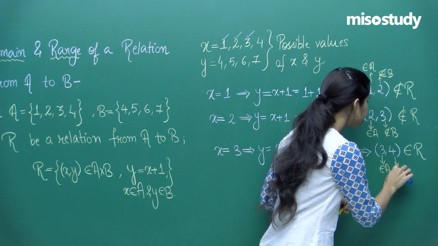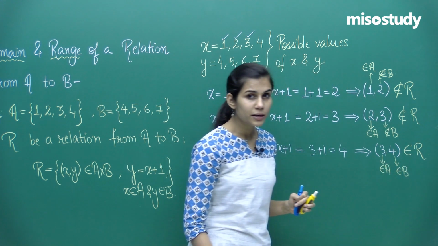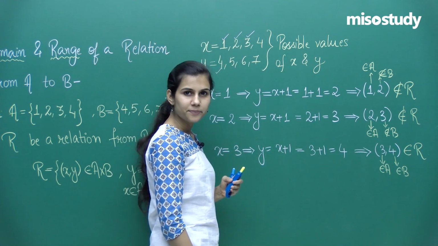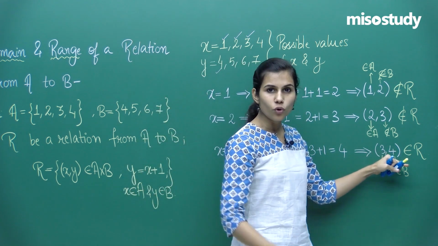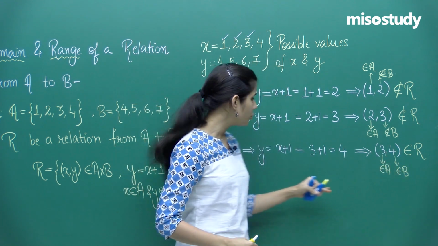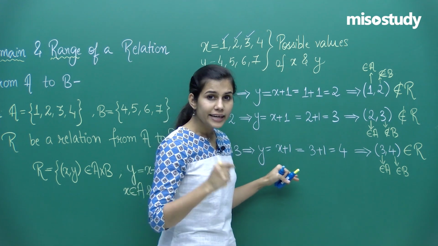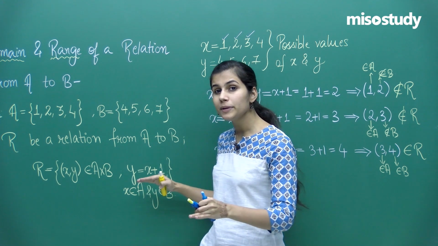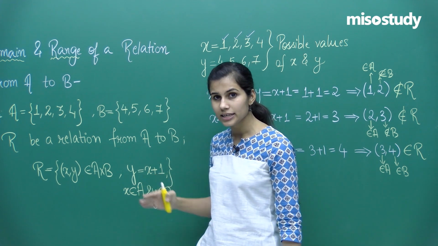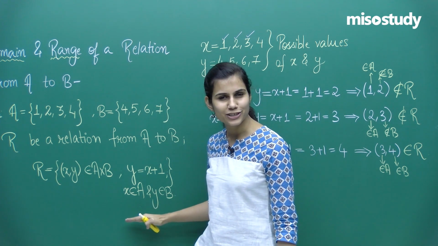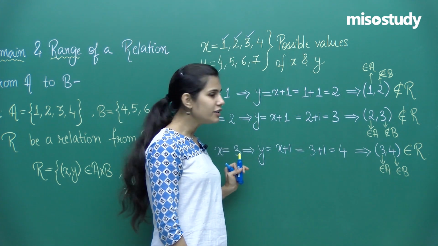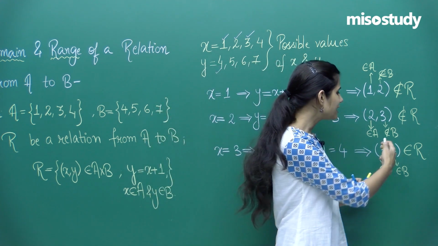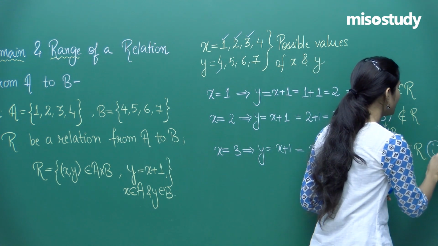Because yes, 4 is coming from the set B because there is a 4 sitting inside set B. And that is why 3 comma 4 not just satisfies the rule of y equal to x plus 1, or the second element being obtained by adding 1 to the first element. In fact, it also satisfies this extra condition, and that is why corresponding to x equal to 3, the element obtained, 3 comma 4, is very much inside the set R.